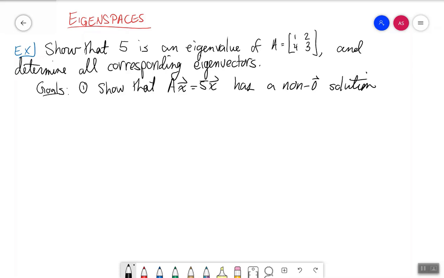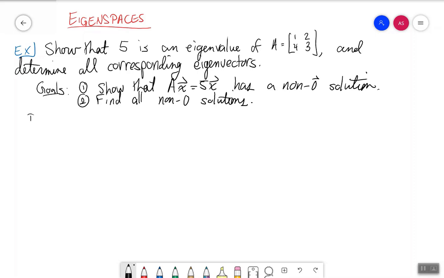That's what it means for 5 to be an eigenvalue of A. And secondly, we want to find all non-zero solutions themselves. These non-zero solutions are the eigenvectors of A corresponding to the eigenvalue 5.